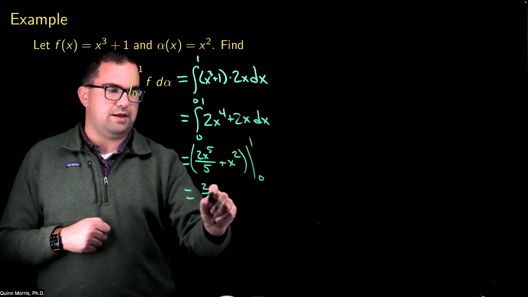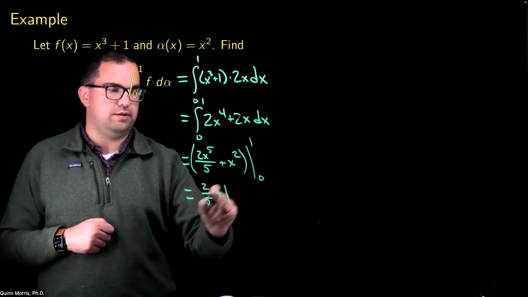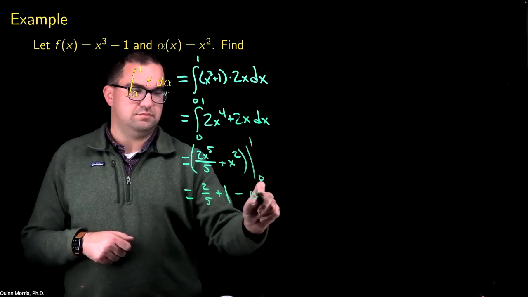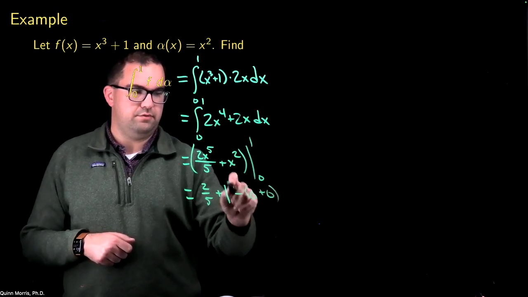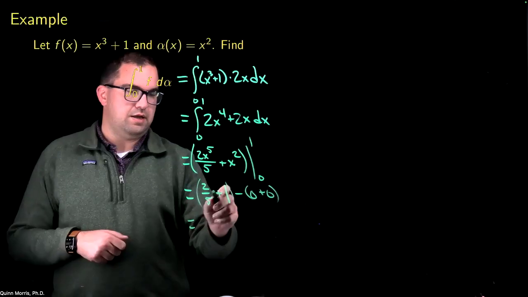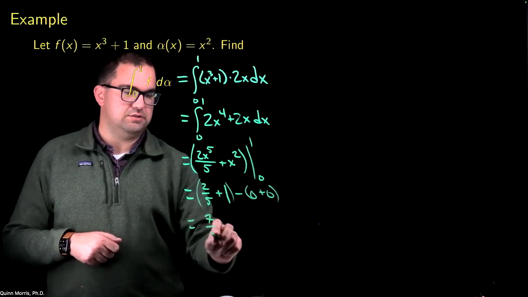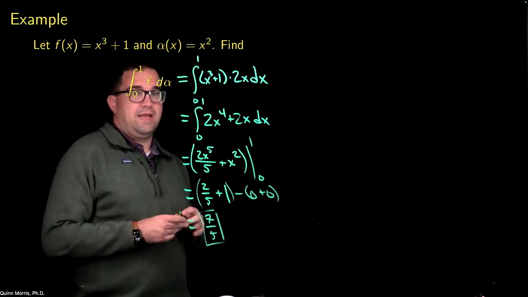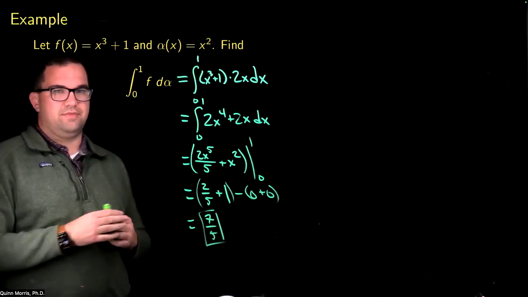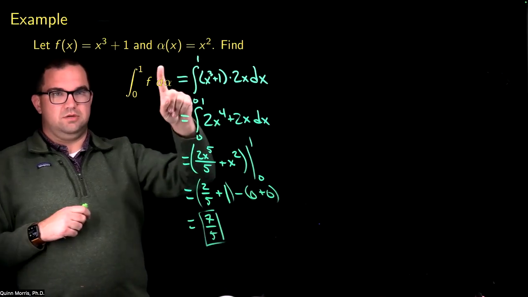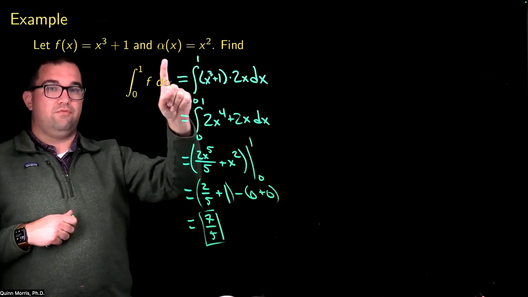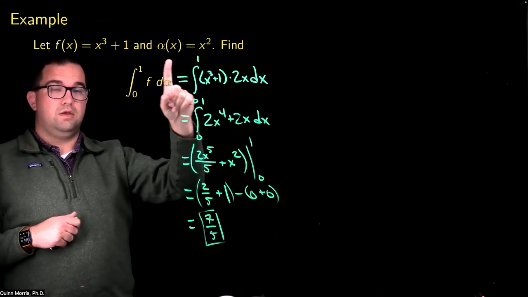Evaluated at 1, I get 2/5 plus 1. Evaluated at 0, I get 0 plus 0. And so what I end up with here is just 7/5. So again, this satisfies all our hypotheses. To reemphasize, this function alpha is differentiable.